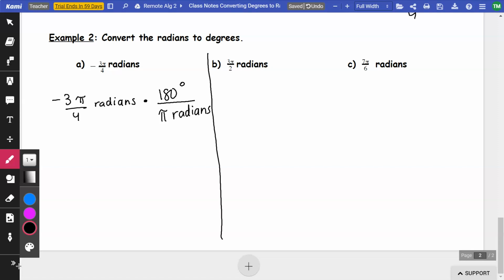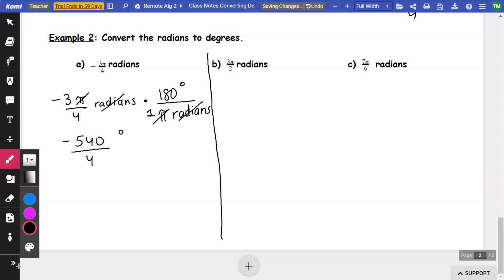Because radians divided by radians cancels, pi divided by pi cancels, and then we're left to multiply just like the integers. So negative 3 times 180 is negative 540. And then 4, there's nothing left to multiply here. Technically, there's a 1 now, right? So 4 times 1 would be 4, and then we have degrees.